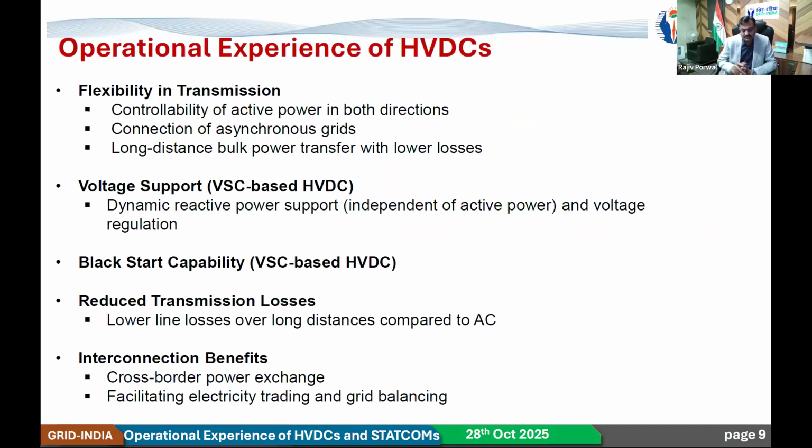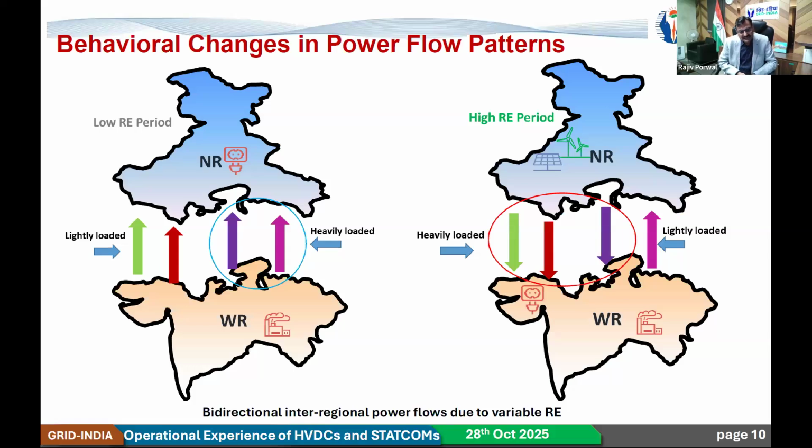So again, coming to the behavioral change in power flow because of the lot of renewables that has come. This was discussed earlier: because of the advent of renewables, there is a lot of change in the power flow directions. Earlier, mainly the northern region of the country used to draw a huge amount of power from outside regions, which were surplus in the thermal power portfolio.